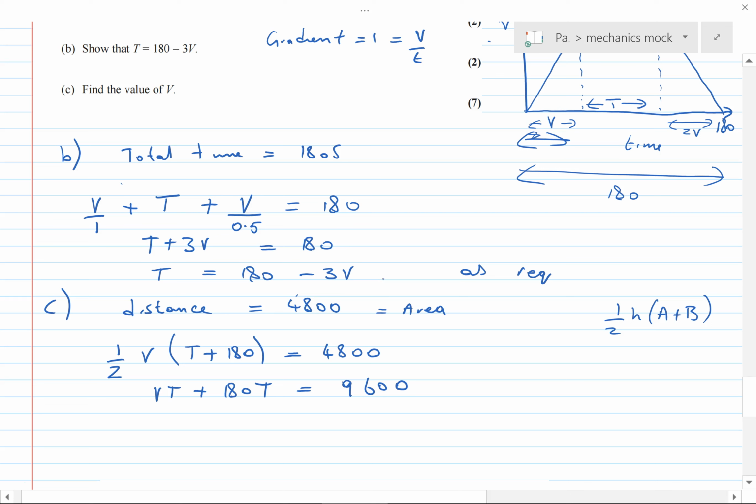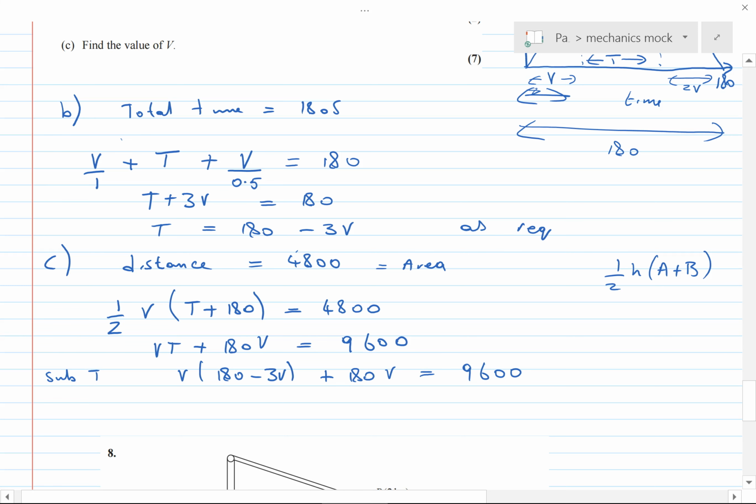So let's put that into the equation. Of course, I mean v there. So I'm now going to substitute for t. So we've got v times (180 minus 3v) plus 180v is equal to 9,600.